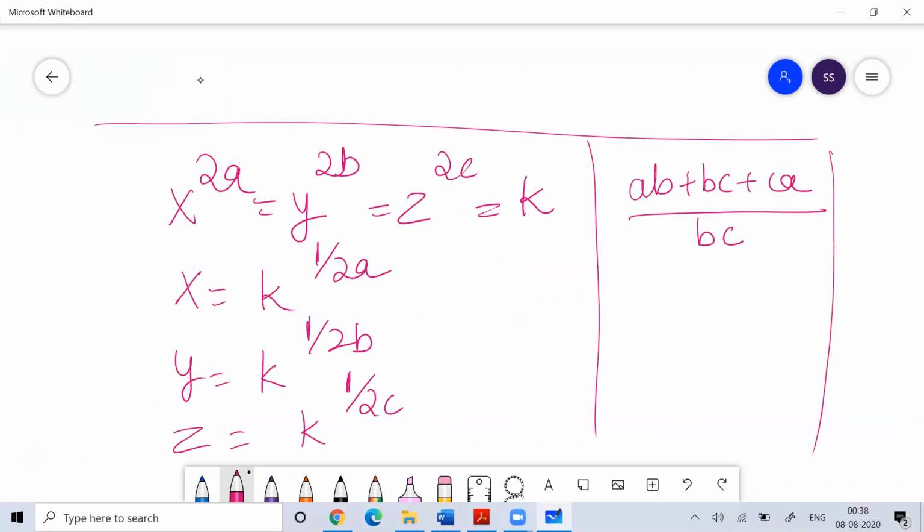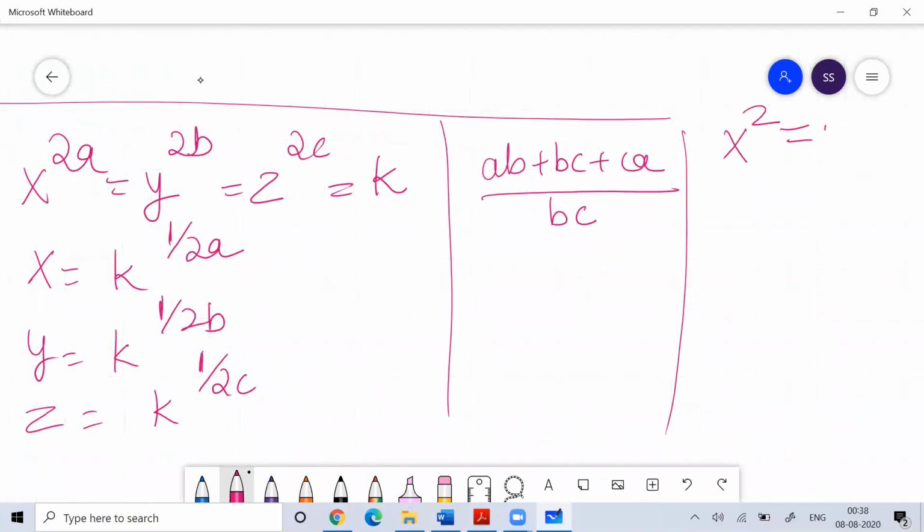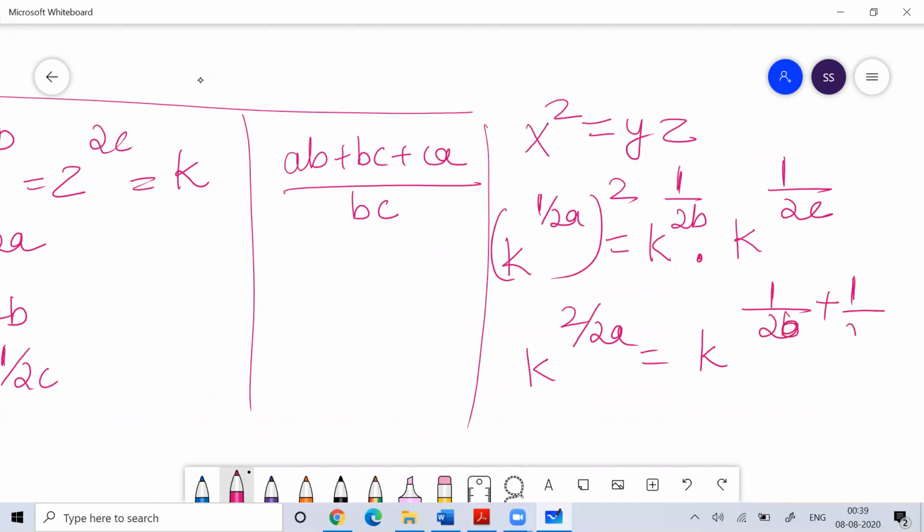Fine. So this is the value you need to find, and it is given that x square is equal to y into z. So x square means k to the power 1 by 2a, whole square, is equal to y into z: k to the power 1 by 2b into k to the power 1 by 2c. So this is k to the power 2 by 2a is equal to k to the power 1 by 2b plus 1 by 2c.